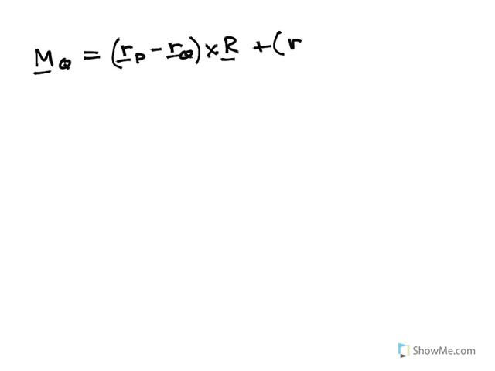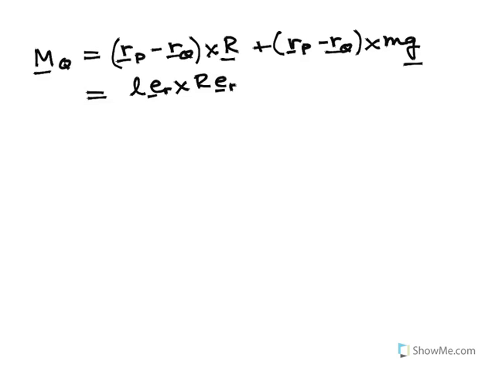So from that we can get that the moment relative to point Q is equal to Rp minus Rq crossed with R plus Rp minus Rq crossed with mg, because both forces act at point P. This is equal to L Er crossed with R Er, plus L Er crossed with mg Ex.